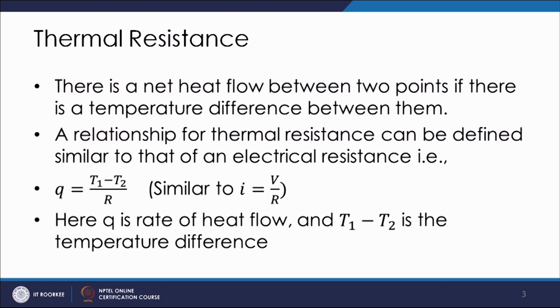So, what does this mean? This means that the temperature difference in the thermal system corresponds to the voltage drop in the electrical system, and rate of heat flow in the thermal system corresponds to the current in the electrical system. Okay.